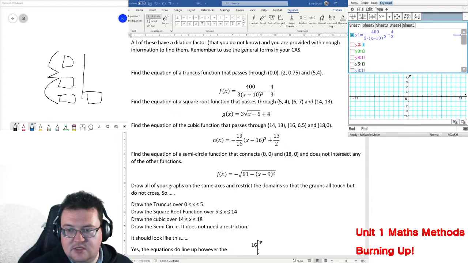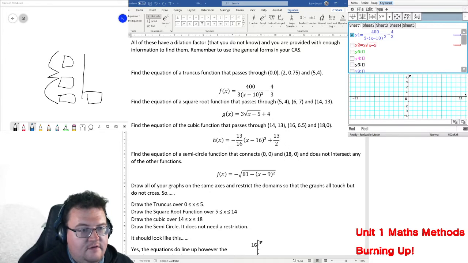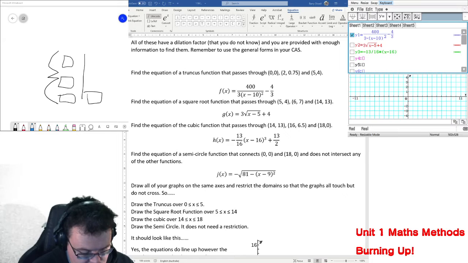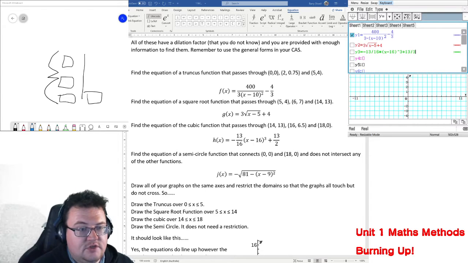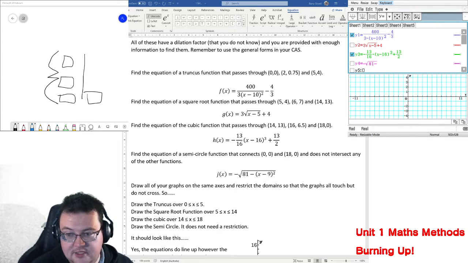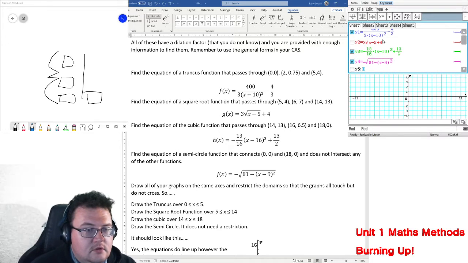The next one is 3 square root X minus 5 plus 4. And then the next one is negative 13 over 16 times X minus 16 cubed plus 13 over 2. Make sure that's matched what I want. And then the last one is the negative square root of 81 minus X minus 9 squared.